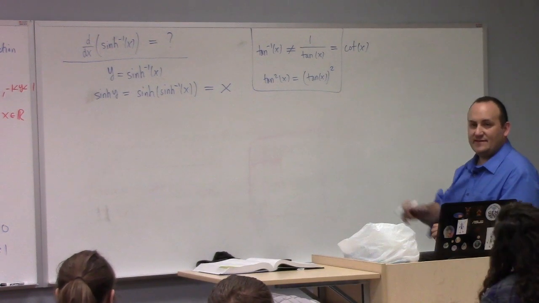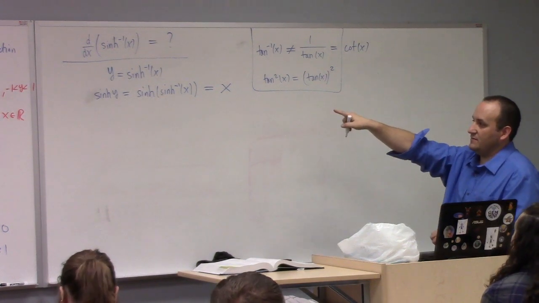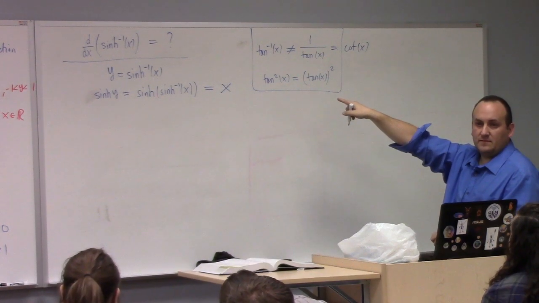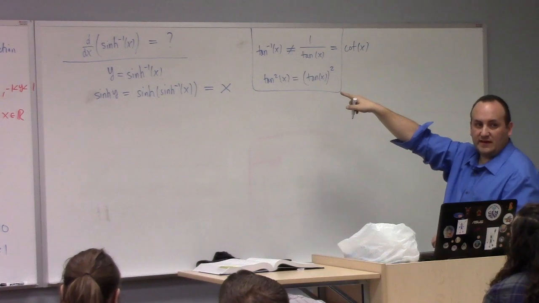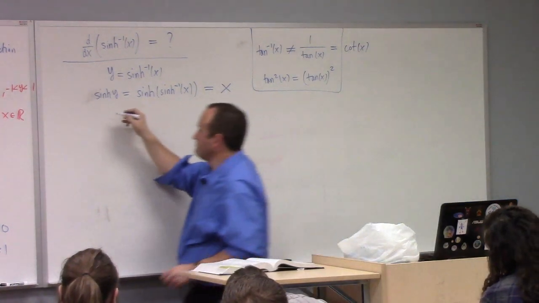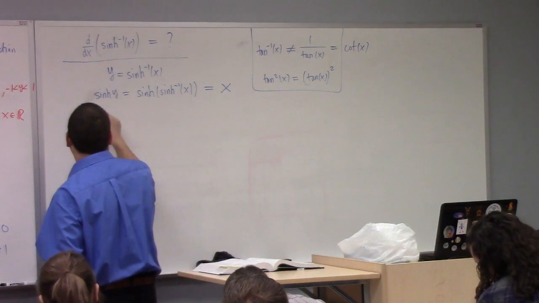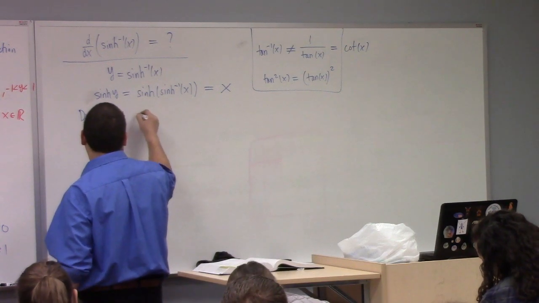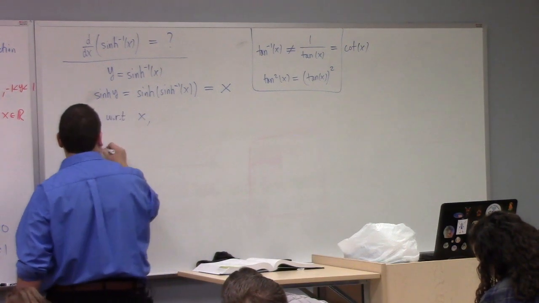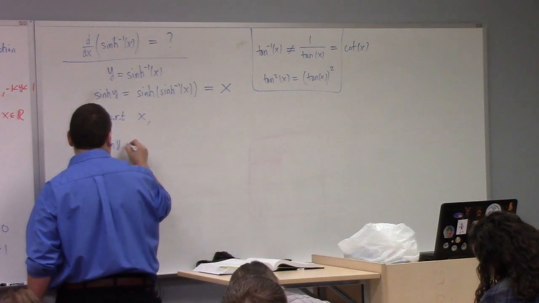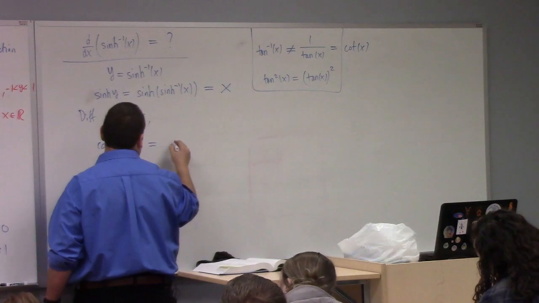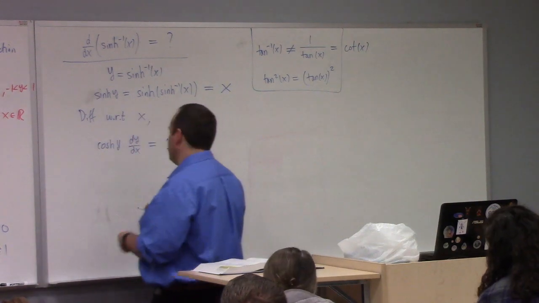Now we've had the talk. What can we do with sinh y equals x? What's our next move here? We differentiate both sides. What's that give us? We get cosh y times dy dx equals 1.